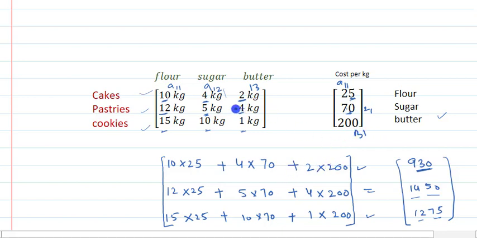What does it mean? It means the number of elements in row 1, or we can say the number of columns in this first matrix, should be equal to the number of elements in the first column, or you can say the number of rows in the second matrix. Only in that case multiplication is possible.